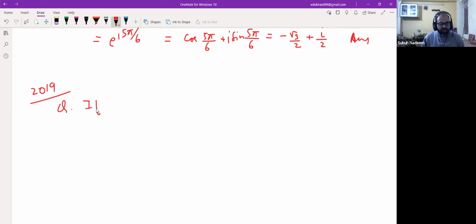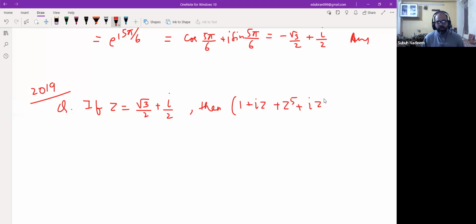It says if z is equal to root 3 by 2 plus iota by 2, then (1 plus iz plus z to the power 5 plus iz to the power 8) whole to the power 9 is equal to.